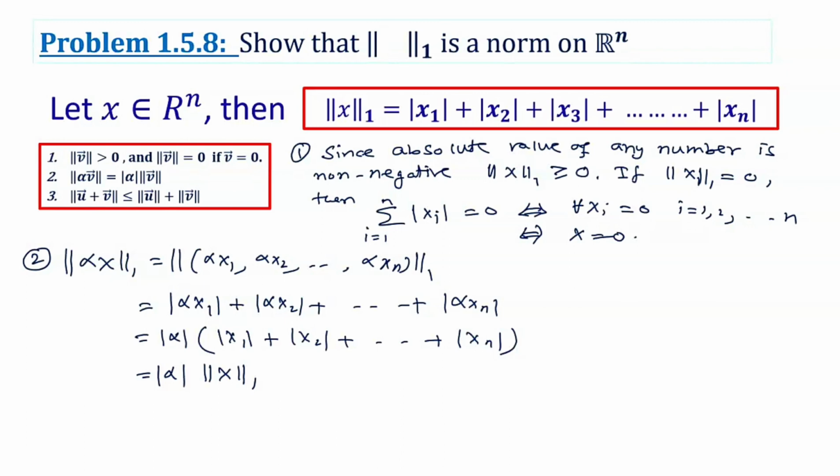And the third one is easy, because we know that the absolute value of a plus b is less than or equal to the absolute value of a plus the absolute value of b.